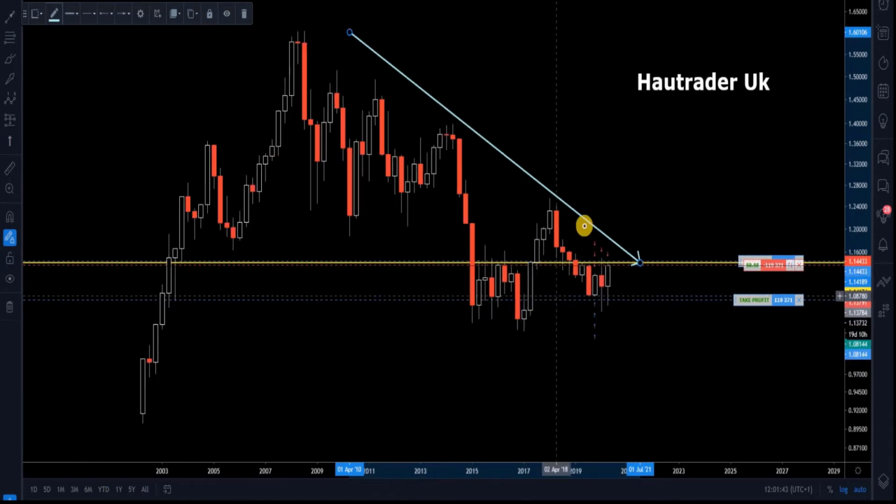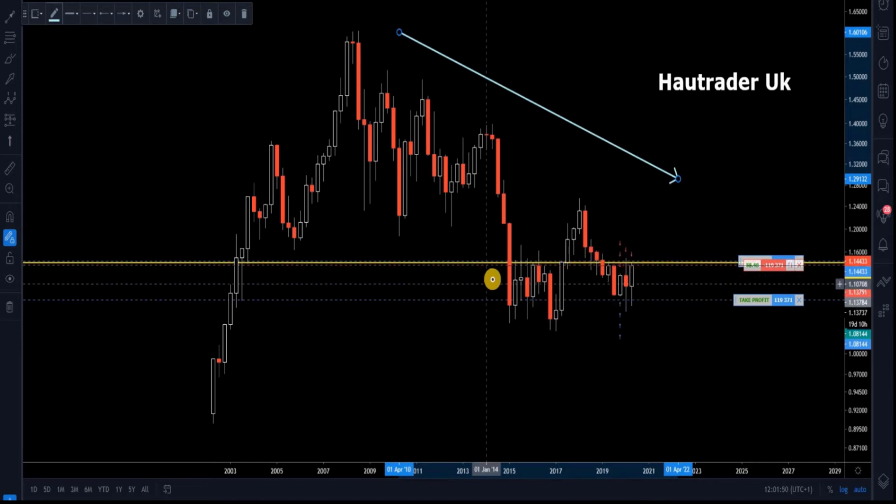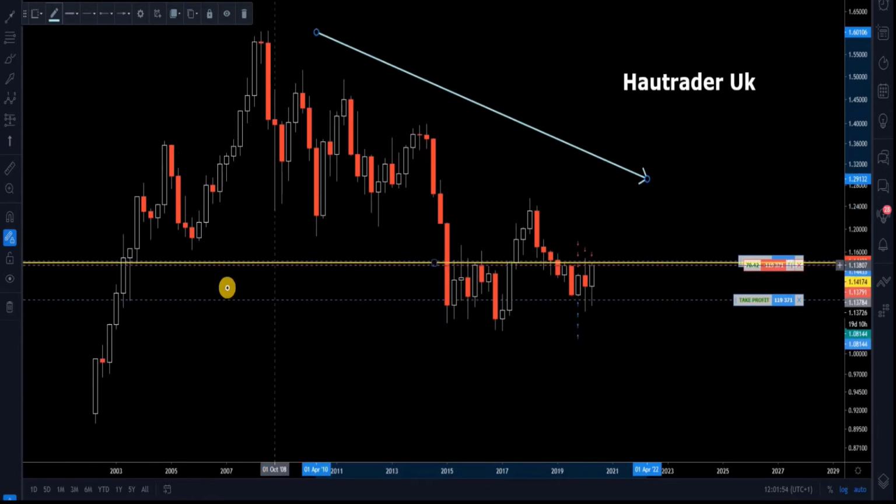The other thing that you will notice is that I've placed a yellow line across this area, this horizontal yellow line, and I just want to bring to your attention these areas of rejection. Here, here, here, here, almost there.